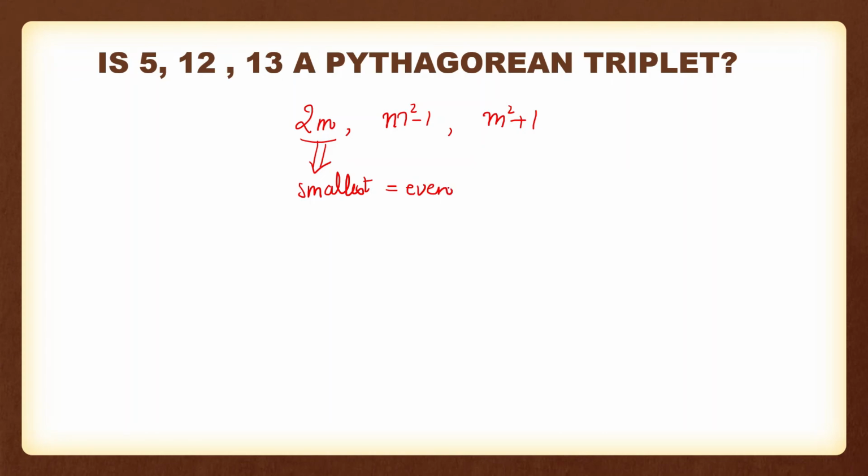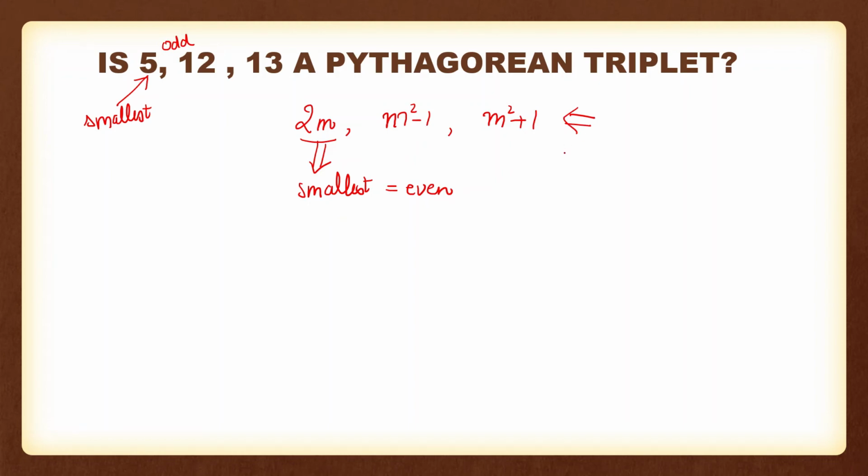Then only we can apply Pythagorean triplet. If you look at this example, 5 is the smallest one here, but unfortunately 5 is an odd number. So we cannot apply this Pythagorean triplet property in this particular question.